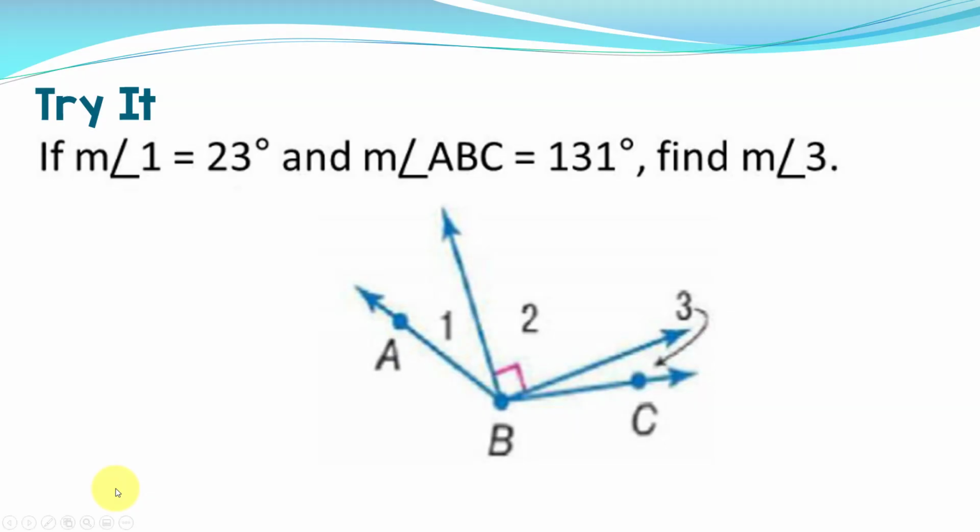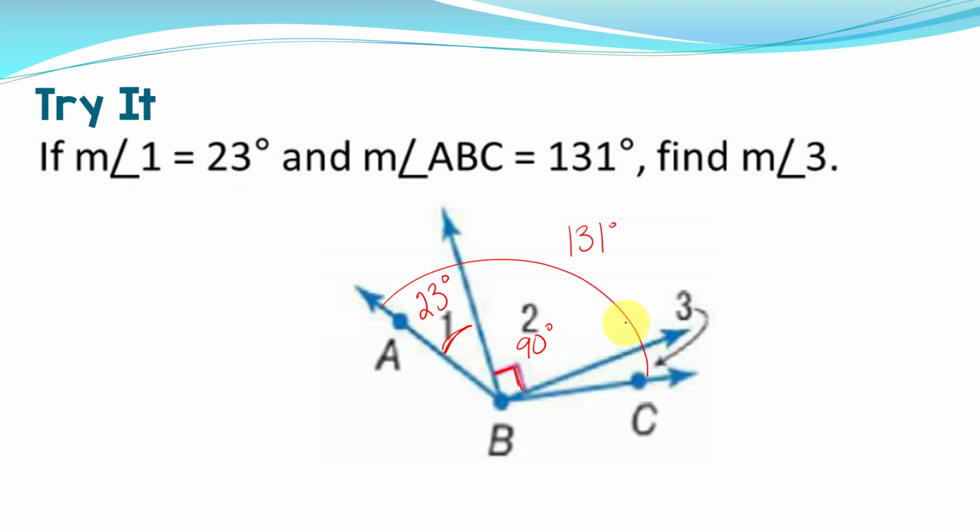All right, if the measure of angle 1 is 23 degrees, and the measure of angle ABC, so the whole thing, is 131. Well, we've got to have some prior knowledge here. We have to know what this right here means, and that means that this is a 90-degree angle.